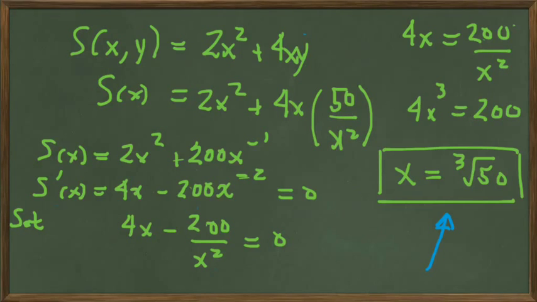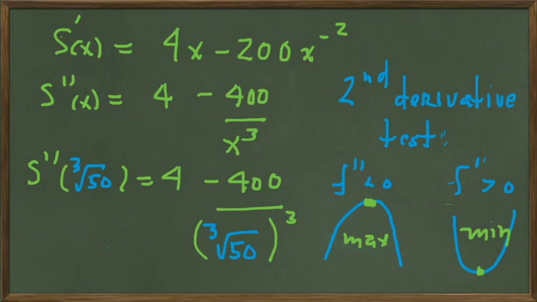We were then able to differentiate our function because it was a function of one variable only, and we got a critical value x equals the cube root of 50. We then had to determine if that critical value was a maximum or a minimum, so we used the second derivative test to do that. So we found the second derivative.